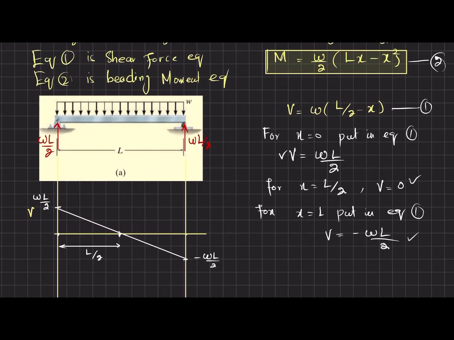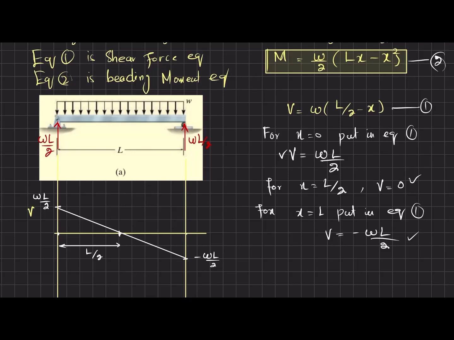Now for the bending moment diagram, again I have to draw a horizontal line, and here we will take the bending moment. Now for x is equal to 0, put in equation 2. Equation 2 is this one. So when x is equal to 0, the whole moment will be equal to 0.